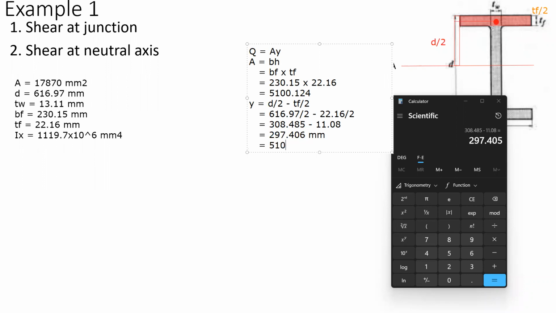And we could now solve for AY. This is 5,100.124 times the moment arm. So let me write this down. This is Q times 297.406.